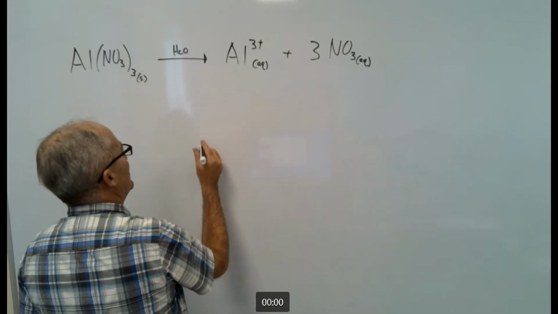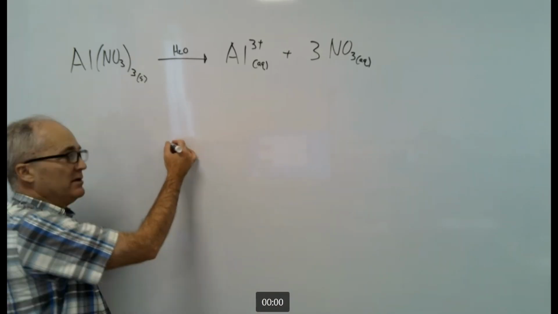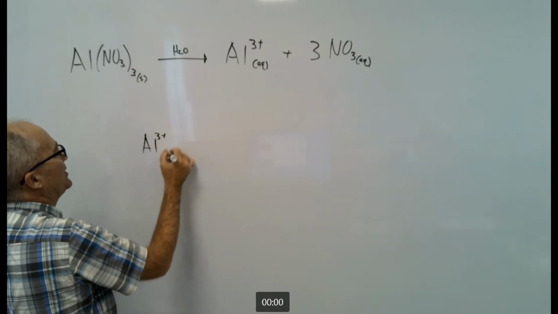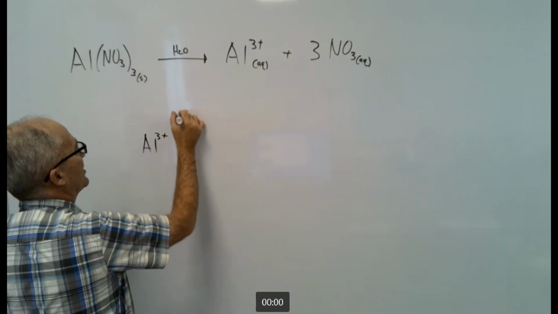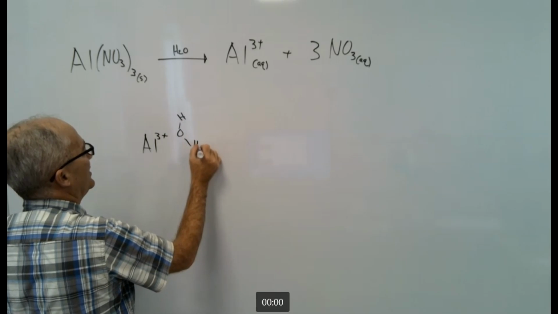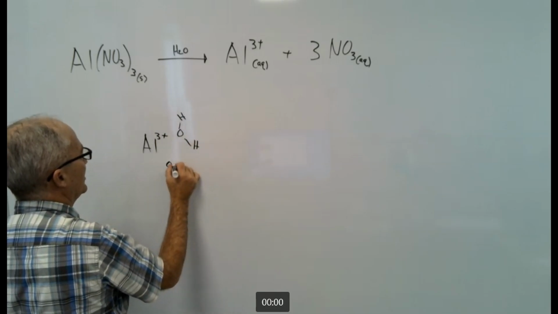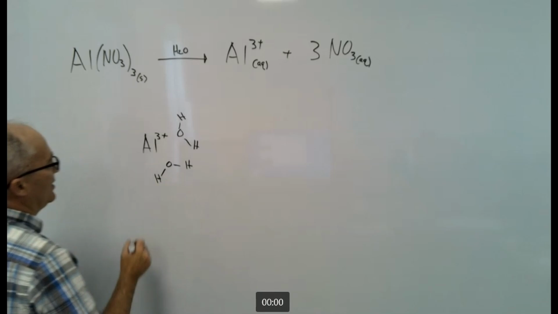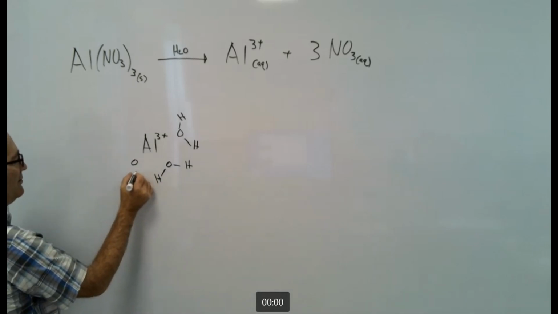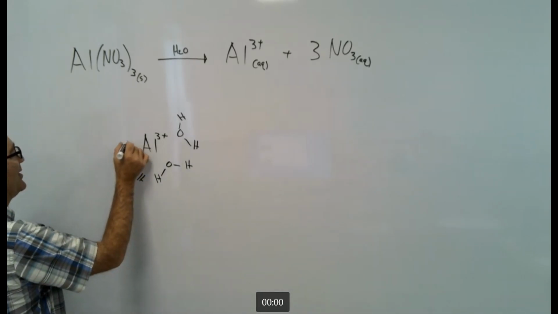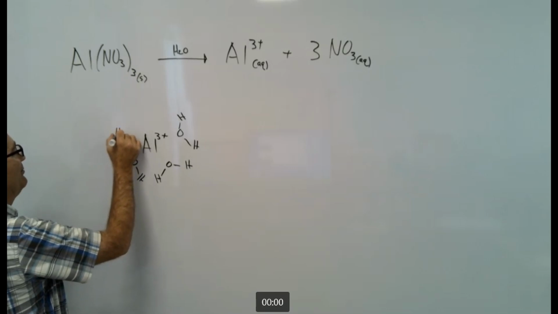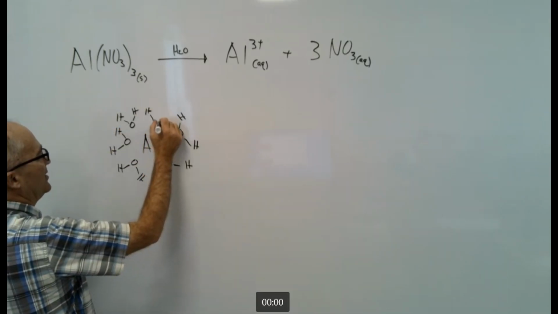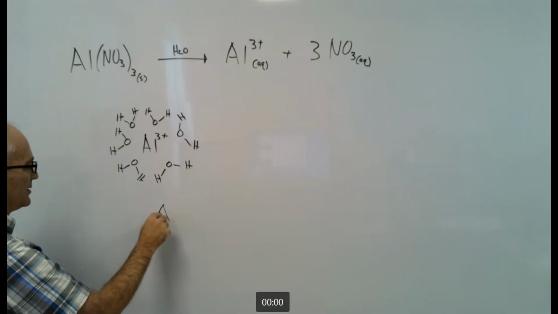So it turns out when we have aluminum in solution, that 3+ charge attracts the negative end of a water molecule. So now I'm drawing a solvated water molecule. Excuse me, I'm drawing a solvated aluminum atom. If I did this right, I can draw something that looks like this.